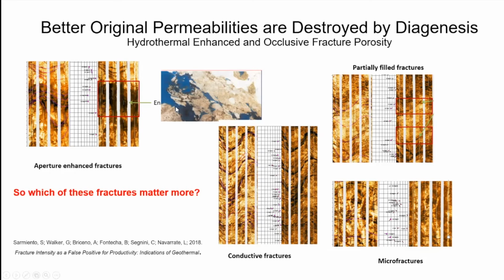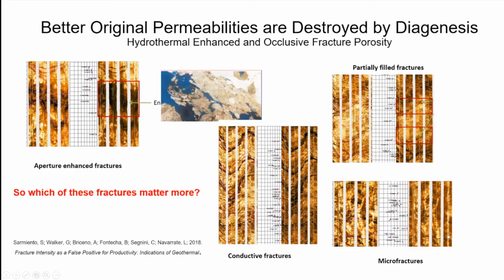If that is the case, this well would have been even better than just assuming a smaller aperture, right? So why is it not that great? Okay, let's take a look at the other fractures. Conductive fractures, they're good. These are the darker color conductive fractures on the image log. Looking at the sinusoids, we expect higher intensity, really good apertures.